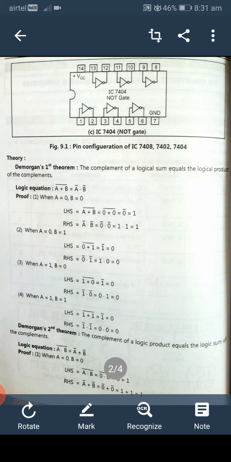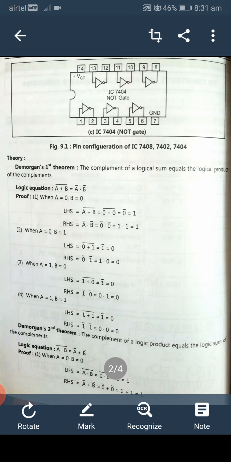Similarly, in the fourth condition, when A is equal to 1 and B is equal to 1, left hand side is equal to complement of 1 into 1 is equal to complement 1, and that is equal to 0.